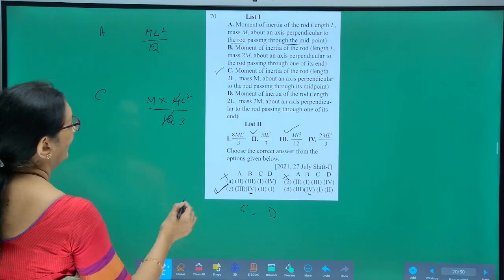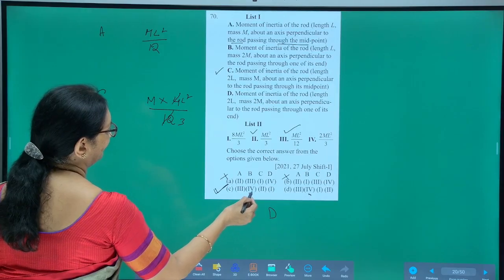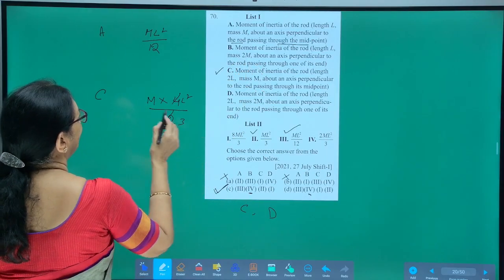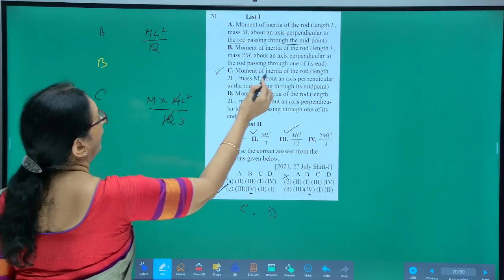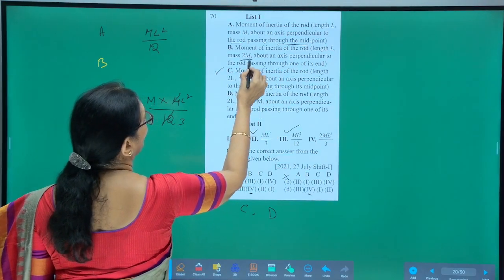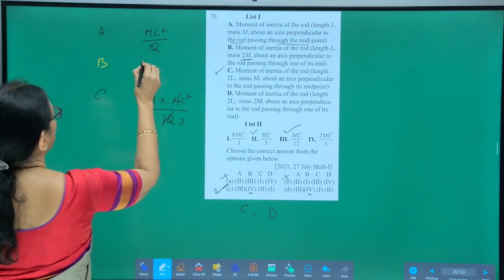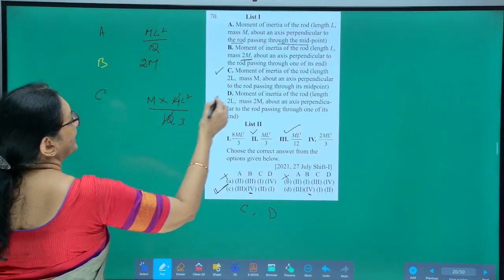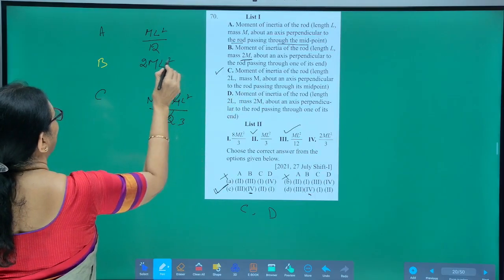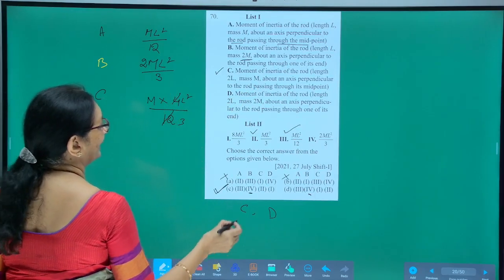See here, and let us check for B, that is the moment of inertia of a rod of mass 2m, length L, passing through one of its ends, 2m L square by 3.